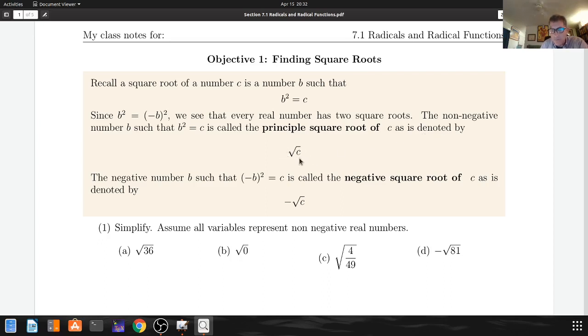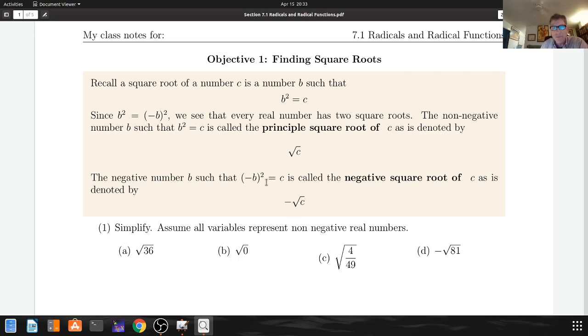So this number right here is a real number that is positive, such that that real number squared is equal to c. The negative number b, such that minus b squared is equal to c, is called the negative square root of c and is denoted by minus the square root of c.